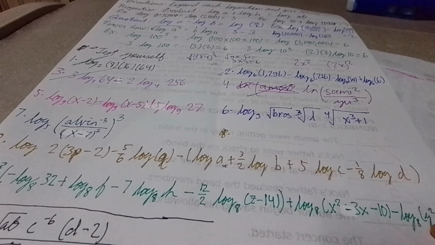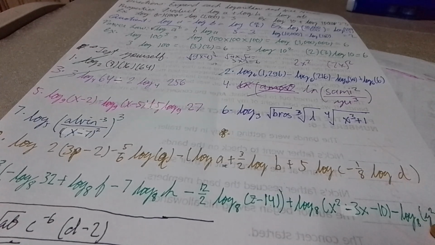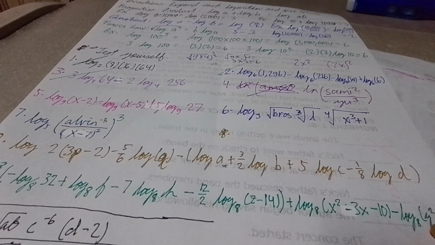But first, let's distribute everything we need to distribute, so it won't get messy. To avoid the mess, we distribute all the exponents.